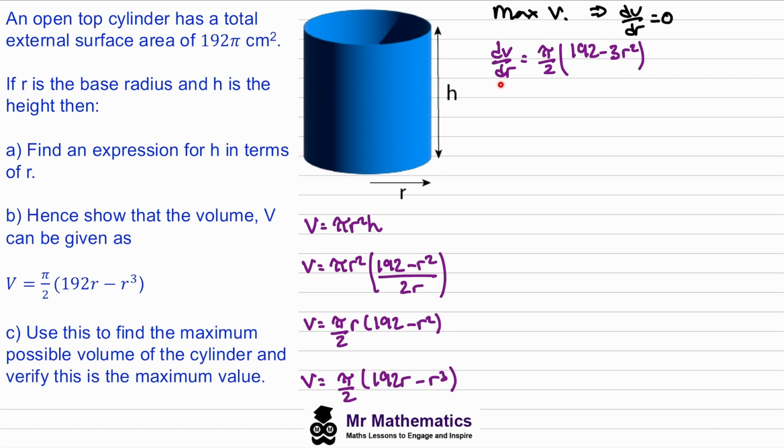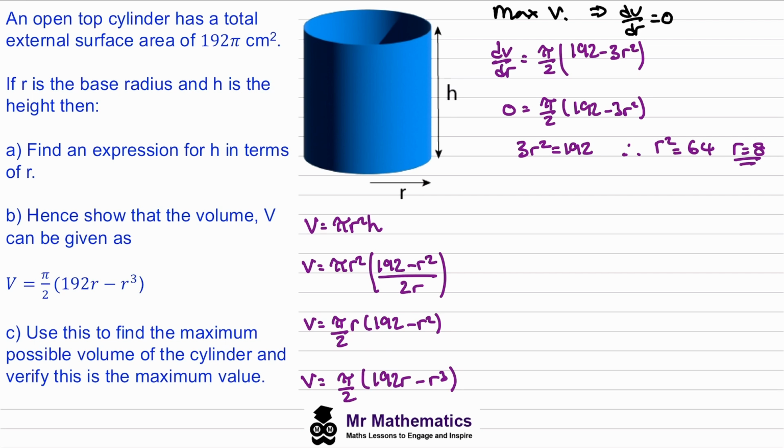We know this is equal to 0 for a maximum volume. So we just need to solve this equation. We can move the pi over 2 to the left-hand side, and that will become 0. Then we can move the negative 3r squared to this left-hand side, so we get 3r squared is equal to 192. Therefore, we'll divide both sides by 3 and take the square root, so r will equal 8.